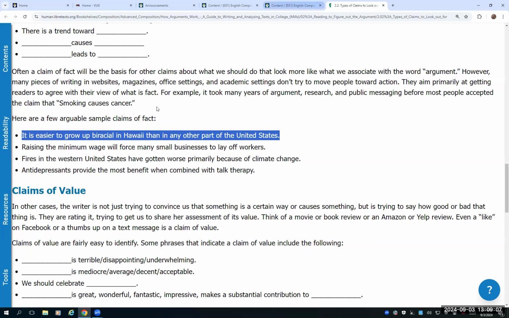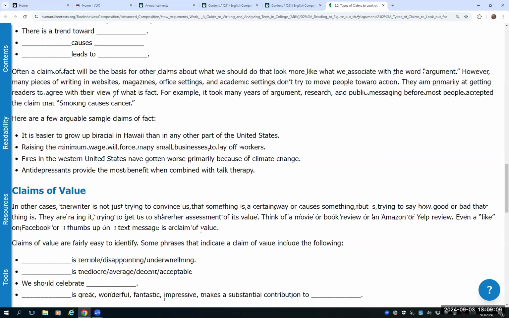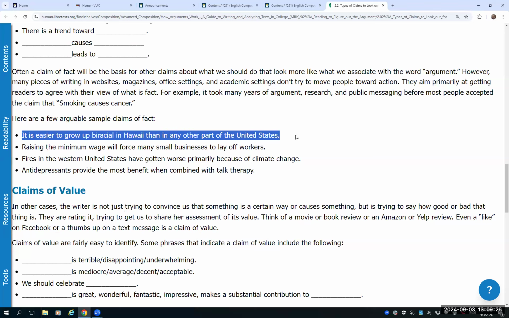Like, it's not giving us how we measure if growing up is easier or harder. It's also not telling us why Hawaii rather than some other part of the United States. So again, this is presented almost like a fact. It's somebody else's perspective on something, but it can be argued.